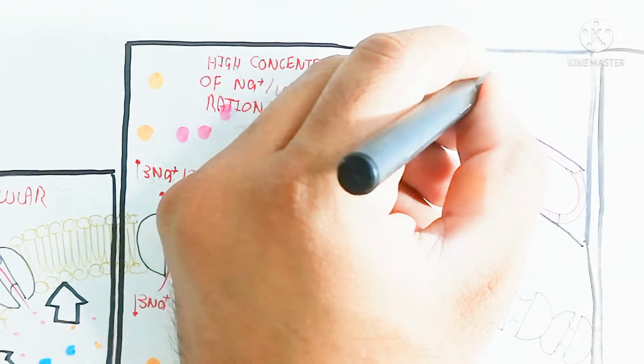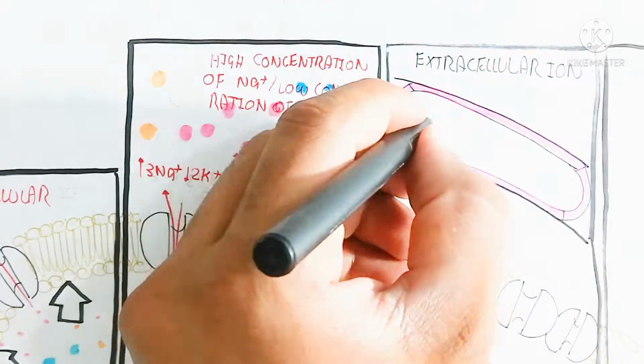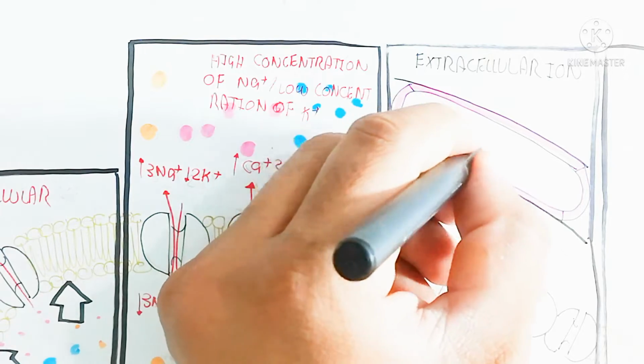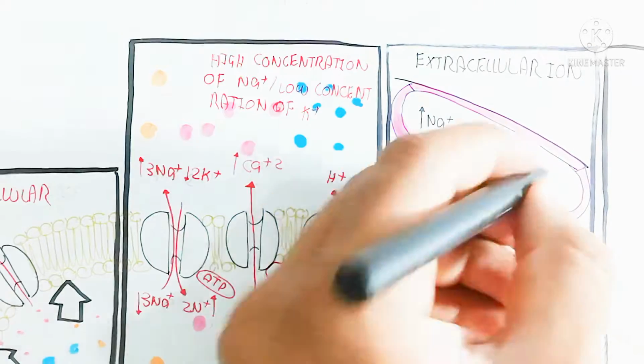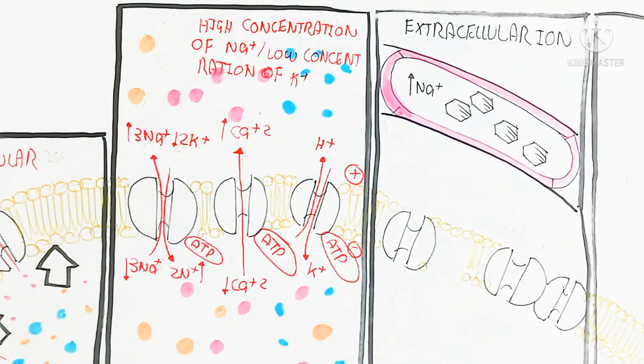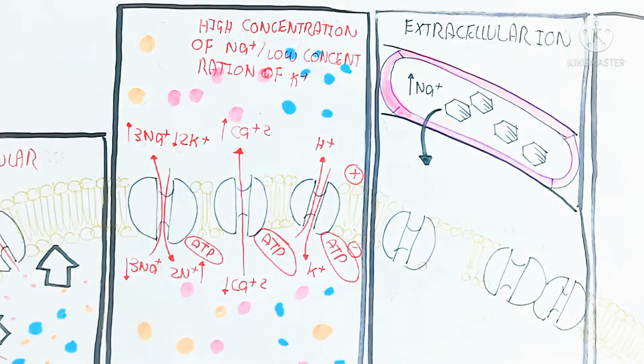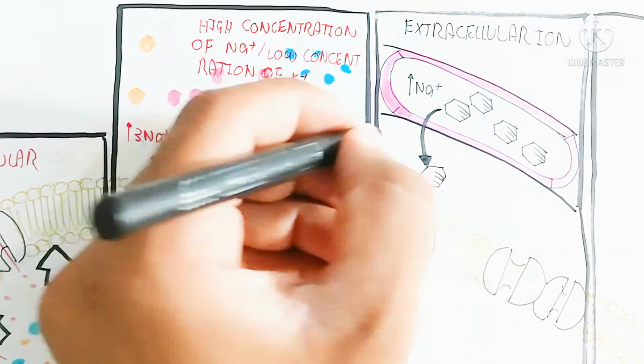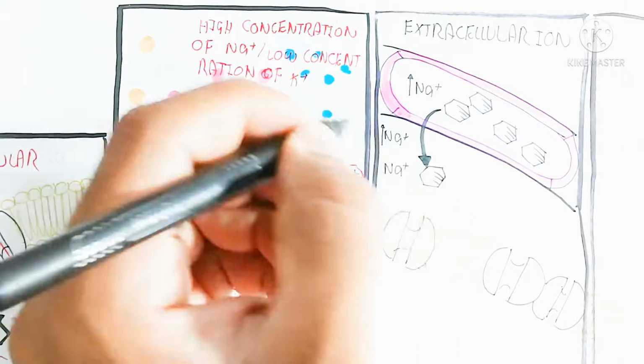So let's begin to understand the symport transport. That was the co-transport in the diffusion step, where we discussed protein binding transport, but this is the extracellular ion and we are going to understand the symport transport.